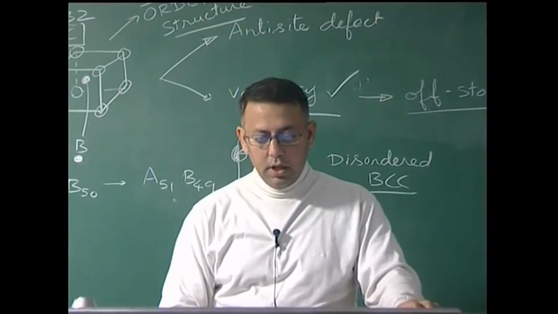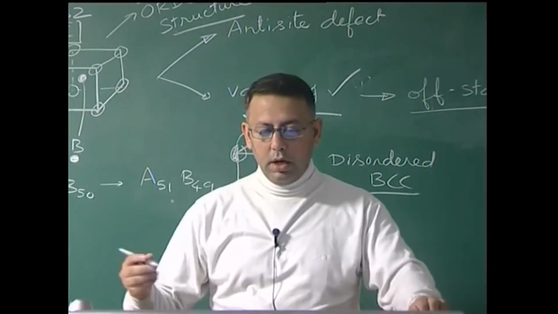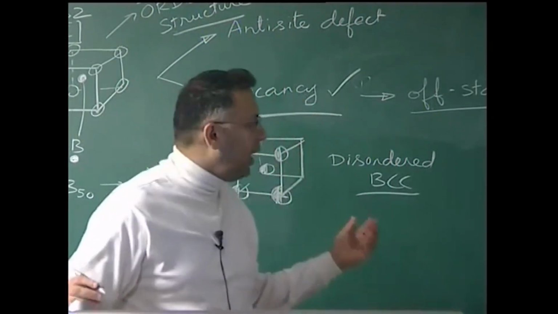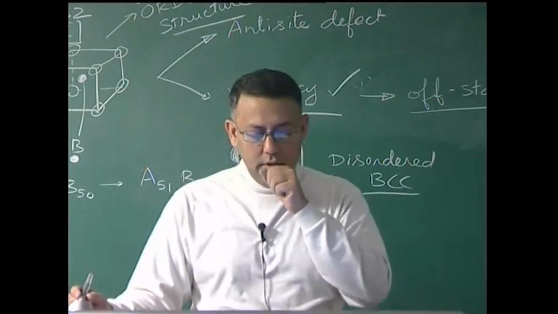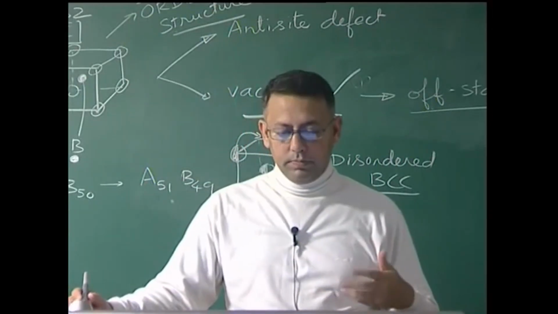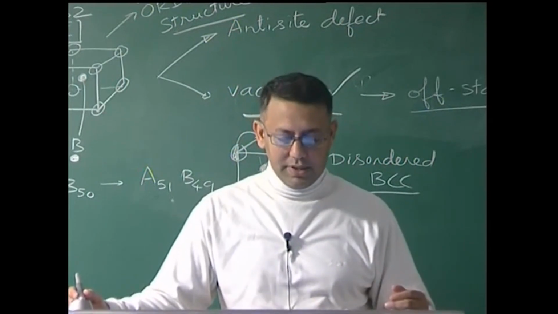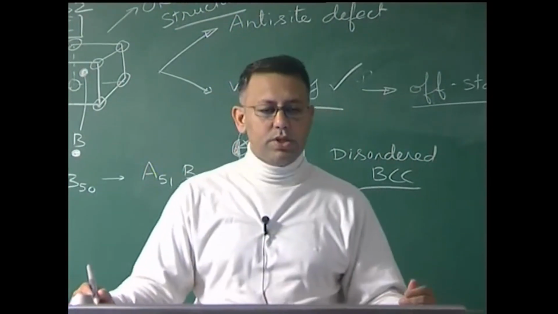Now, another important classification, which we have implicitly already taken up in the example here, or at least set the tone for understanding those kinds of defects in the example we considered, is based on the position.